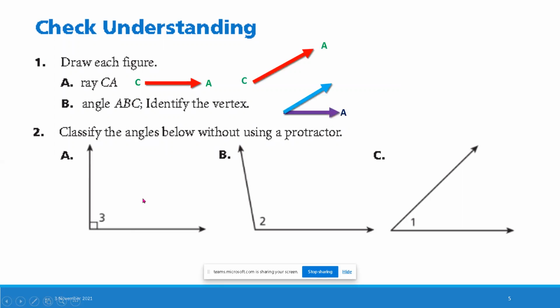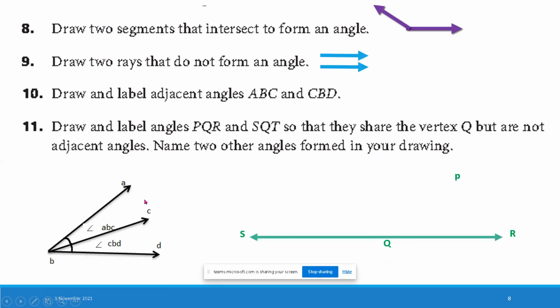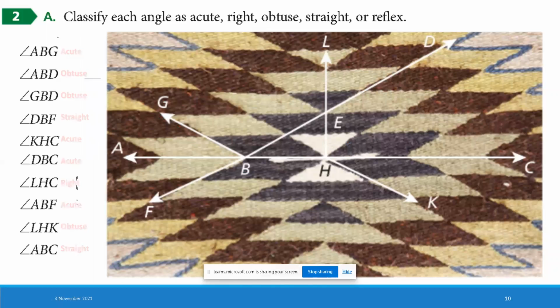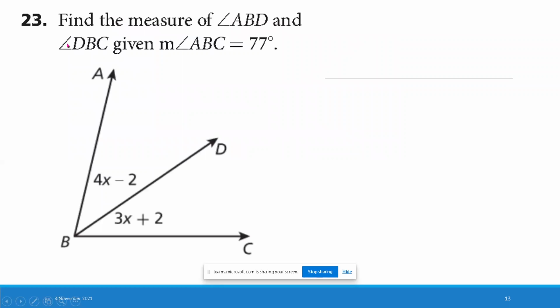We solve these questions now. All of you, please open your book, page 10, exercise number 23. Here, as you see, we have an angle ABD and an angle DBC.